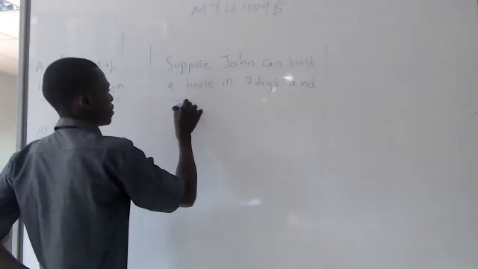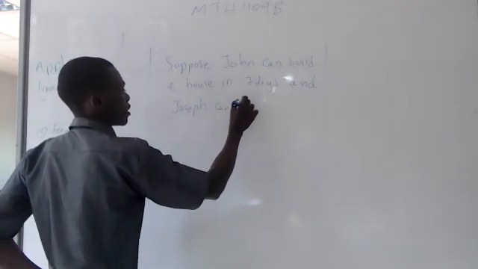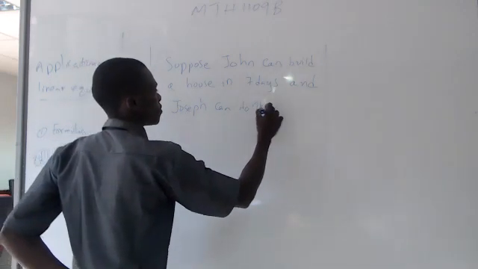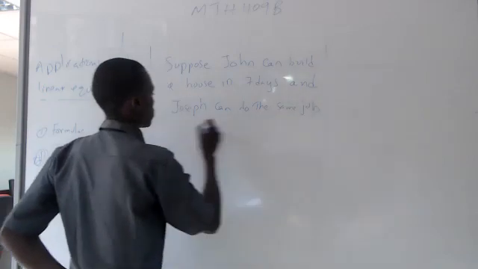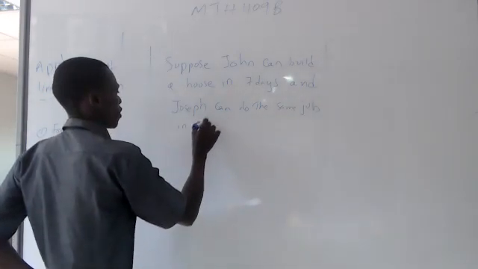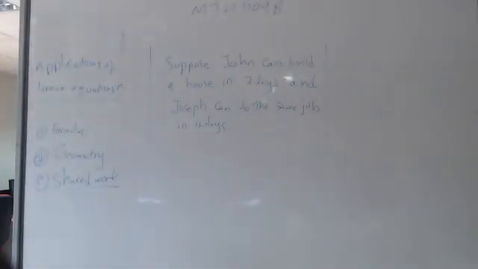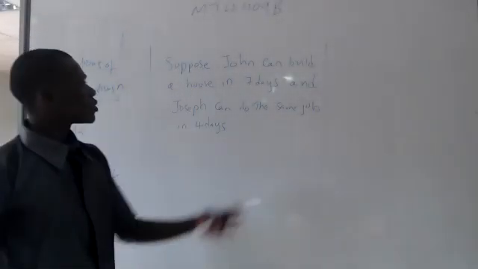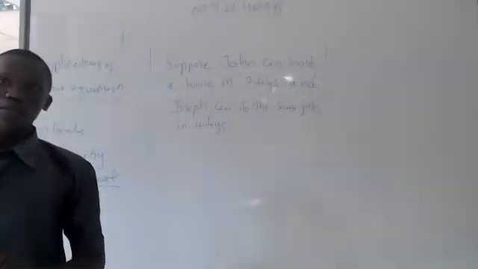And Joseph is faster, he can do the same job in 4 days. So you have John who can build some house in 7 days, and Joseph can do the same job in 4 days.